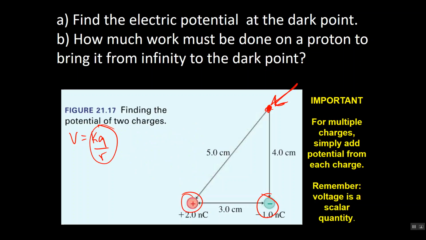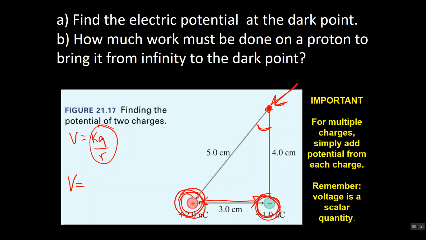Does it matter that one is at an angle, if there's an angle here, that there's a distance here? Does all that matter? No, because it's a scalar quantity. Sorry, I'm going to bump into you a bit. It's a scalar quantity, which means that you disregard all that stuff, and you just add up the voltages to give you the total voltage. So the total voltage is going to be the voltage from this charge and the voltage from this charge added together.